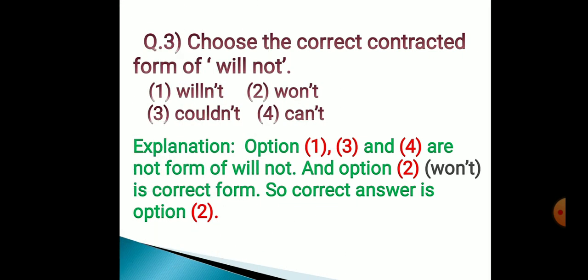Last one. Choose the correct contracted form of will not. Will not, won't. Options 1, 3 and 4 are not forms of will not, and option 2, won't, is the correct form. So the correct answer is option 2.